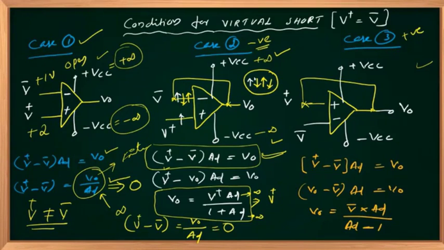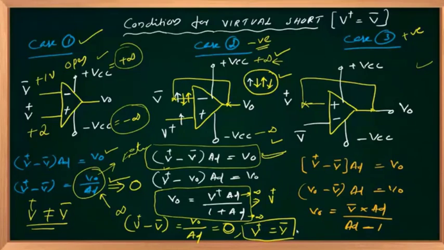So here we concluded that even if I am giving a plus infinity, my output is always finite, never goes to infinity. So V plus minus V minus equal to 0 implies V plus equal to V minus. Hold on, we will discuss the third case also.